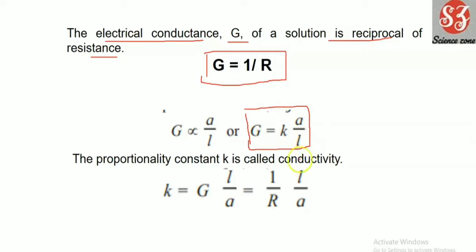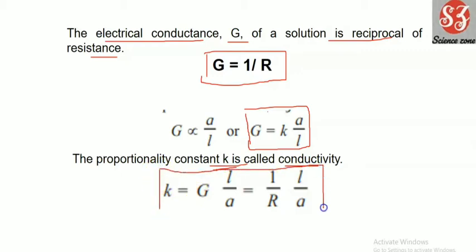And many a times you are asked to find out the conductivity, that is K. So K equals G L upon A. If they provide you with electrical conductance G, then you will use this formula. And if they provide you with resistance R, then you will use this formula. So G will now be substituted by 1 upon R, so K equals 1 upon R into L upon A. So for conductivity, you need to remember two formulas.